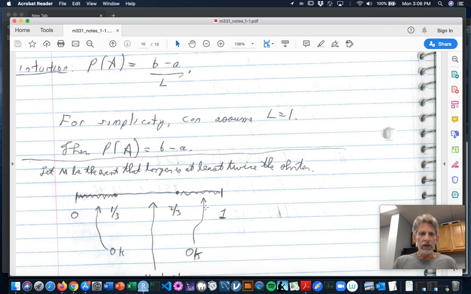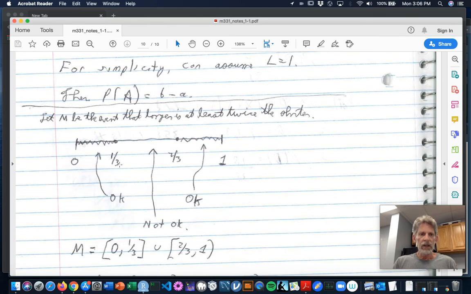Okay? So let's think about this. Again, we got our interval that we're going to randomly break up. It starts at 0 and it ends at 1. What I'm going to do is mark in every breakpoint where the longer resulting stick would be at least twice as long as the shorter stick.